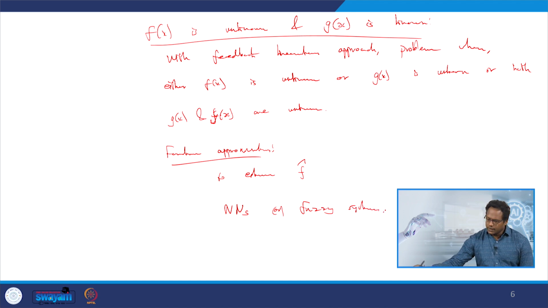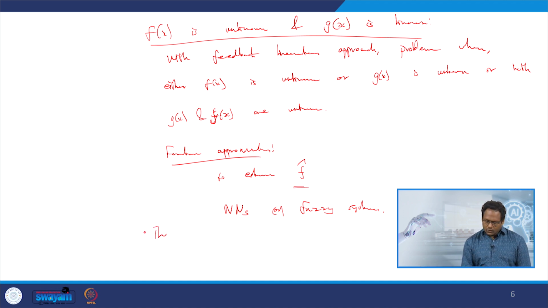Again I repeat, for the feedback linearization there is a general problem which is associated when any of the nonlinear functions f of x or g of x or both are unknown. In that case we have to go for the function approximators such as neural networks or fuzzy systems in order to estimate the unknown function, and the estimated function is termed as f hat or g hat.